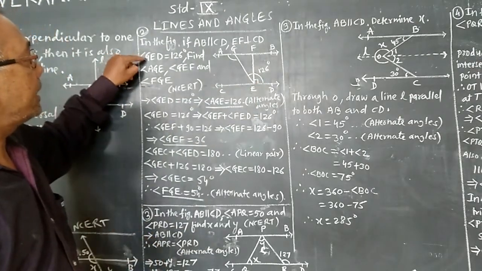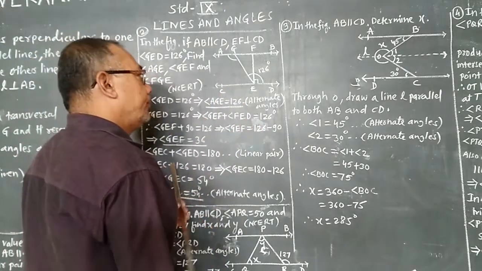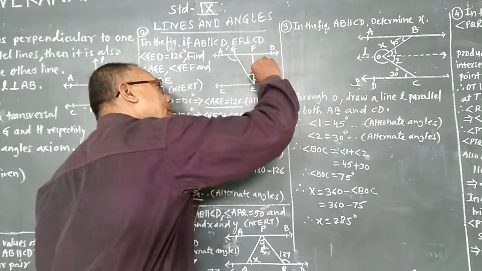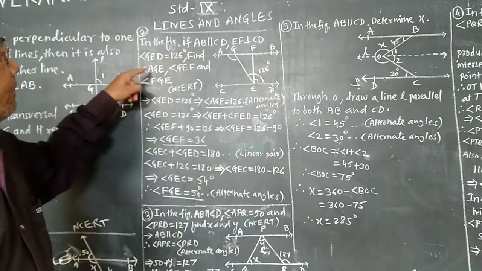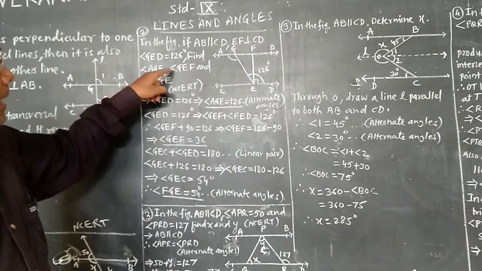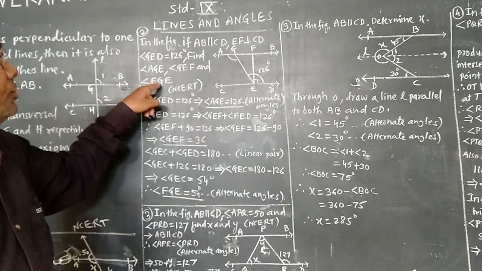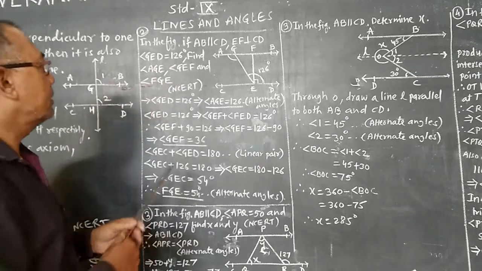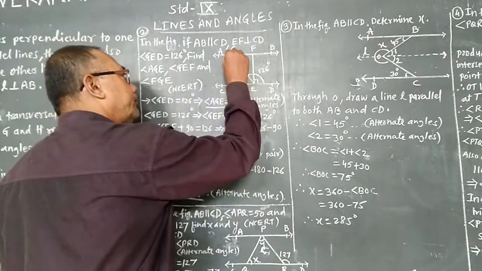Then it is given that angle GED, this angle, is 126 degrees. Then find angle AGE, then angle GEF and angle FGE. Here AGE means this angle.